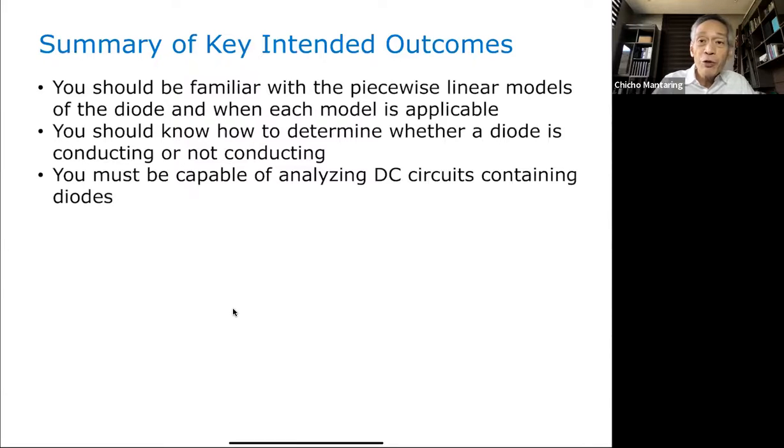So for the first, you have to determine the current and make sure the current flows from A to K. If it doesn't, then you know your model is wrong. For the second, you determine the open circuit voltage and make sure that that is less than V sub F. If it isn't, then you know that your assumption is wrong. No? Okay. So having said that, you now should be able to analyze at least DC circuits.